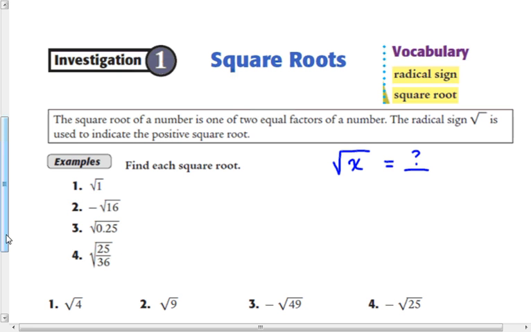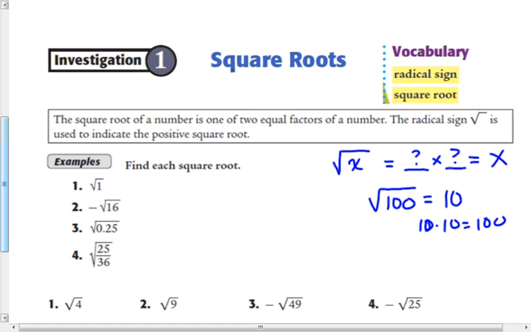So what times what equals x. And just a simple example, the problem we just did: the square root of 100 equals 10 because 10 times 10 equals 100. And remember that we can abbreviate 10 times 10 as 10 to the second.